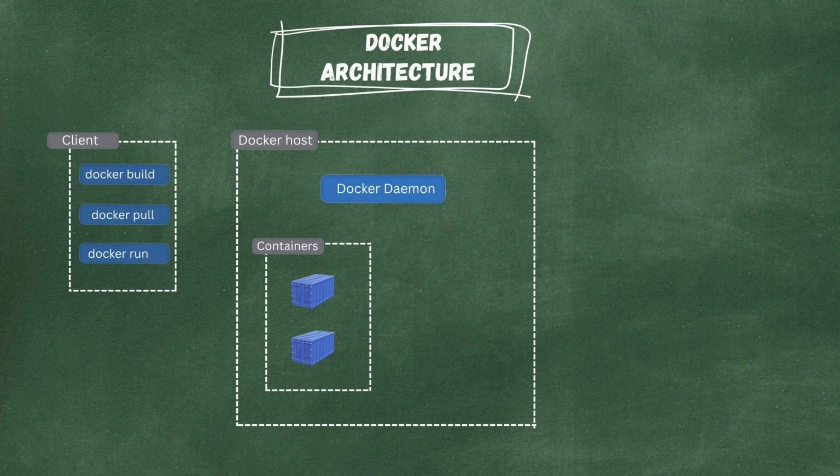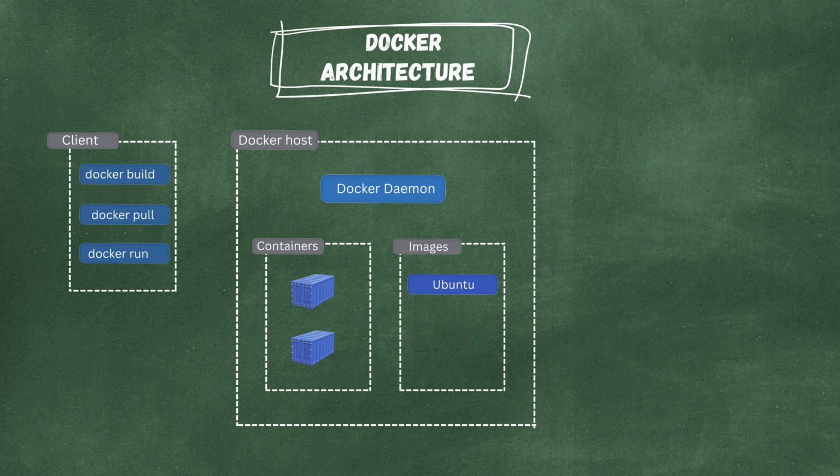Containers are lightweight, standalone, and executable software packages that include everything needed to run a piece of software, including the code, runtime, libraries, and system tools. And images. Docker images are the blueprint of containers. They contain the necessary instructions to create a container.